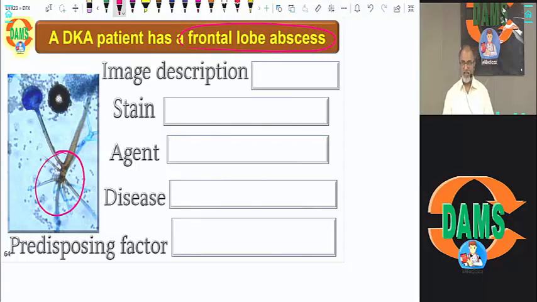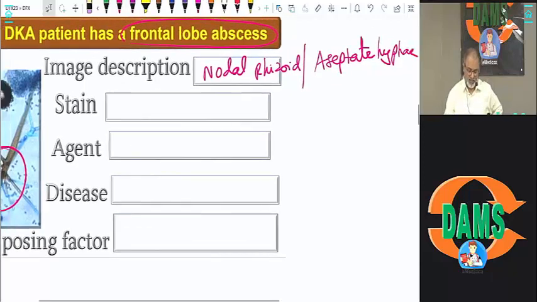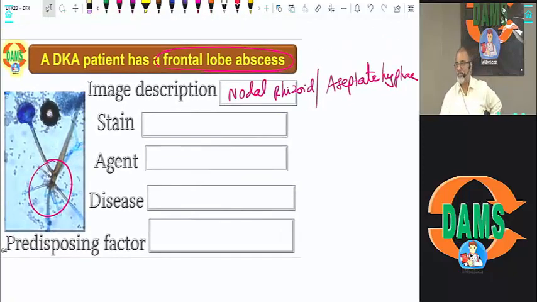Aseptate hyphae with root, rhizoid, nodal rhizoid. What stain? What is the color? Blue. Lactophenol cotton blue, LPCB.